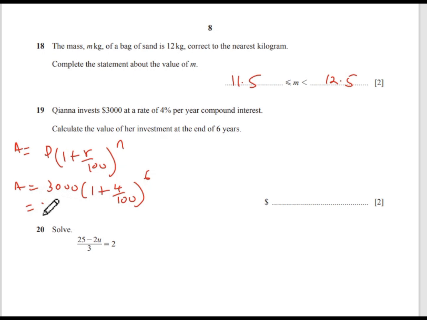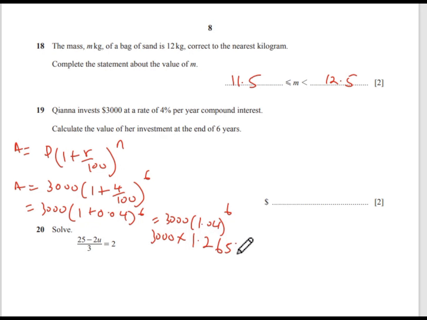So this becomes 3,000, open bracket 1 plus 4 divided by 100, which is 0.04, raised to the power of 6. That's 3,000 open bracket 1.04, because 1 plus 0.04 is 1.04, raised to the power of 6. 1.04 raised to the power of 6 is 1.2653.